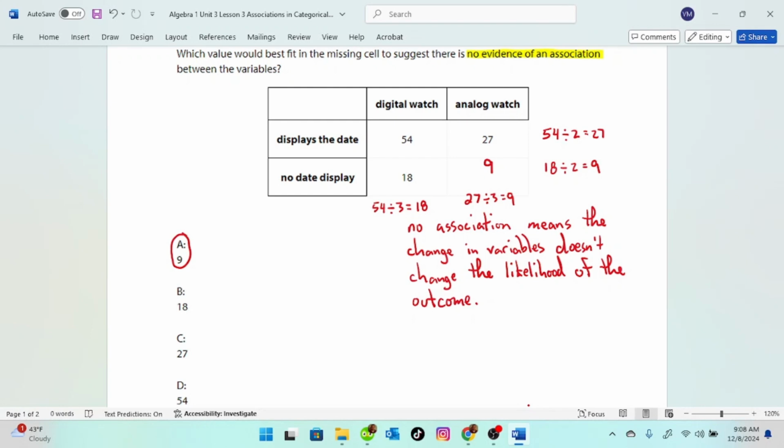So if we put 9 into that missing block, then we see no evidence of an association between the variables, because it doesn't matter when the variable changes.